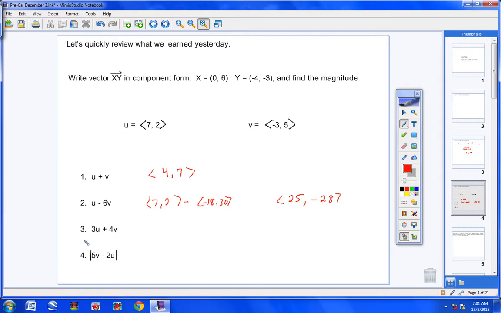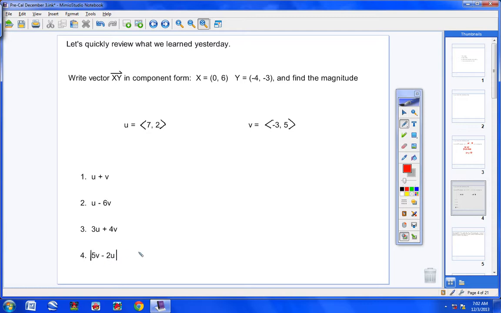I'm not going to go through number 3 and do that, but you would take 3 times u, and then plus 4 times v. And then after you've multiplied the 3 through and multiplied the 4 through, then you would add those two vectors together.